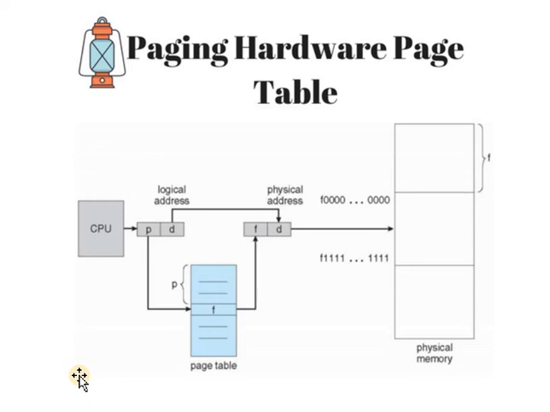In short, the paging method allows a program to be allocated physical memory whenever it is available. In paging, physical memory is divided into fixed size blocks we call frames. Also, the logical memory is broken into fixed size blocks we call pages.